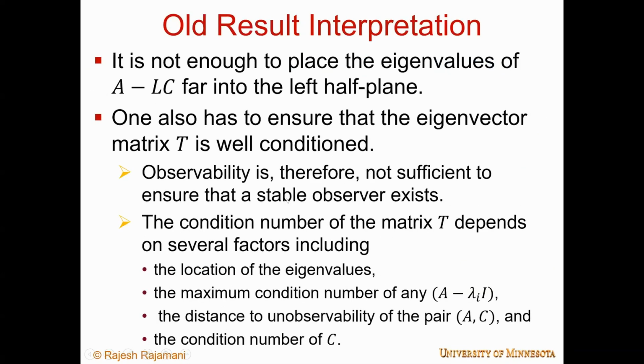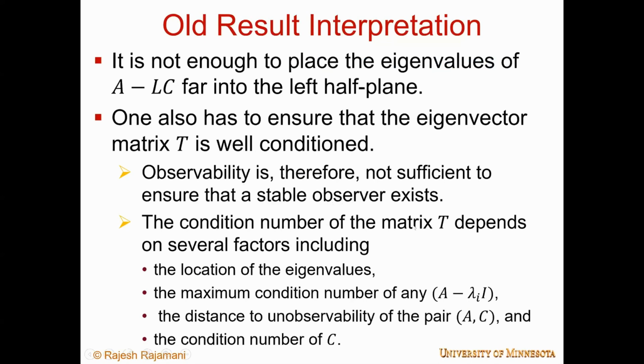This slide basically just interprets what we just said. It's not enough to place the eigenvalues of A minus LC far into the left half plane. One has to also ensure that the eigenvector matrix is well conditioned. So observability by itself is not enough to ensure that a stable observer necessarily exists.